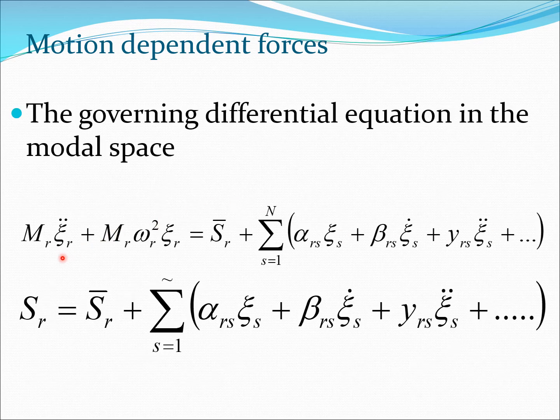So let's go back to the governing differential equation of motion in the modal space. This was the equation. So we have the left hand side, which is untouched as of yet, and then we have the right hand side, which now has become very complicated. So we expand out and look at this right hand side carefully. We have to now consider all these motion dependent terms here.